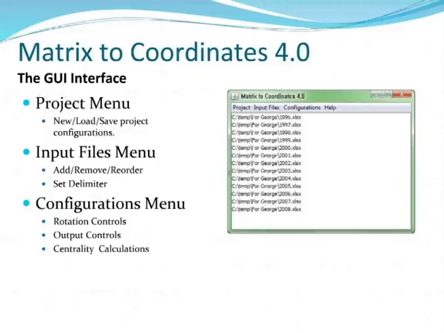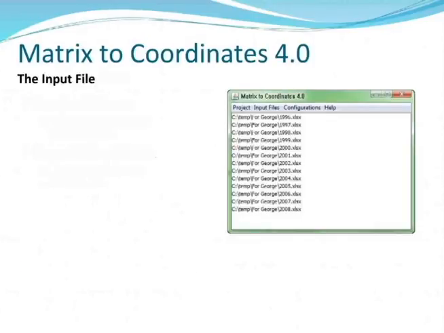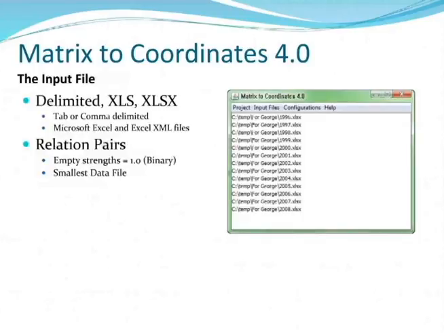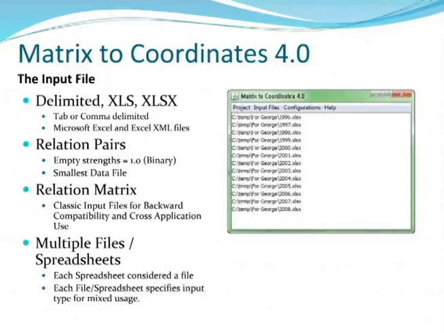Now, input files can be either tab delimited, comma delimited, Microsoft Excel 97 and older files, or the more recent Microsoft Excel XLSX files, which are XML. I can read all of them, and you can also do pairs, or you can do matrices as your inputs. The configuration menu will provide you the controls for how you're going to rotate, what kind of outputs you want to generate, and the centrality calculations you want to do.